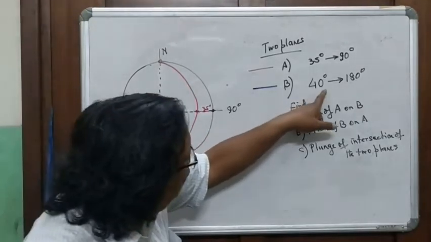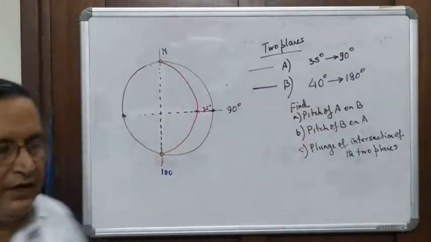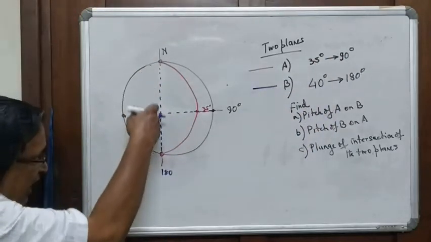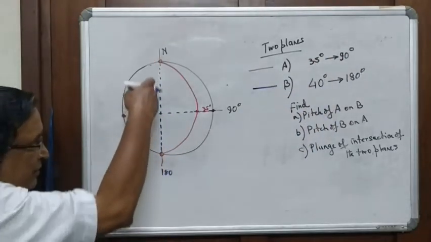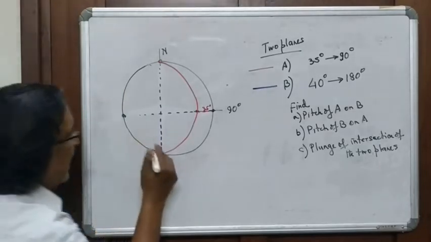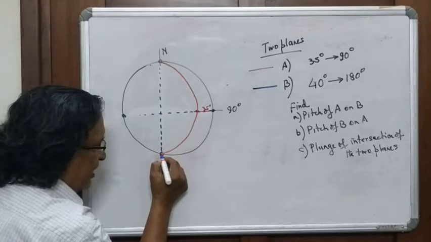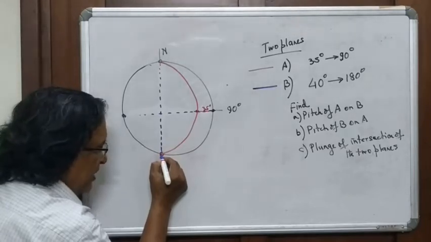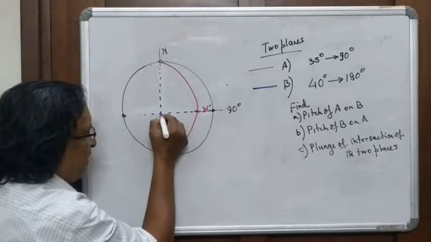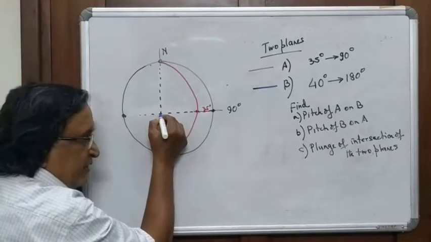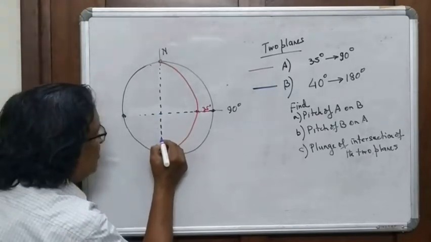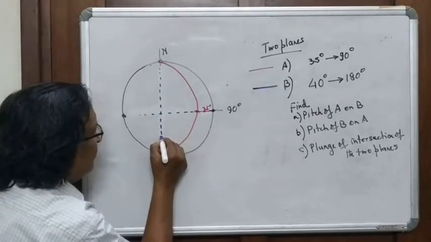Here it is 40 degree towards 180 degree. So it should lie on the dip line. So if it was here, the horizontal, then it would have been here. If the line was vertical, the point would have been here. That is 90 degree dip, but it is round about 40 degrees.